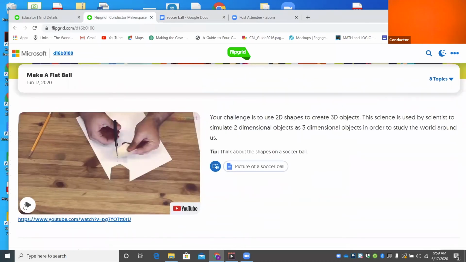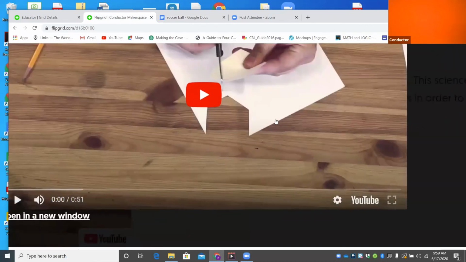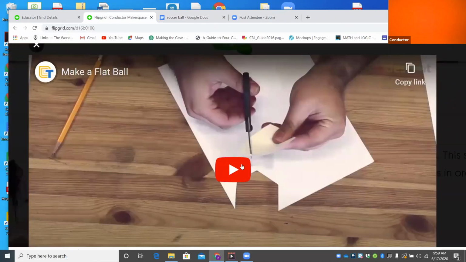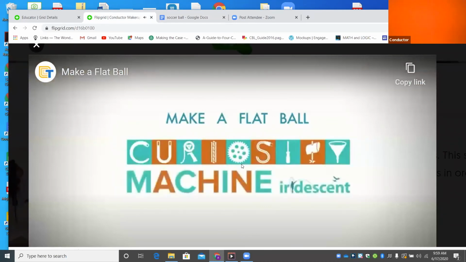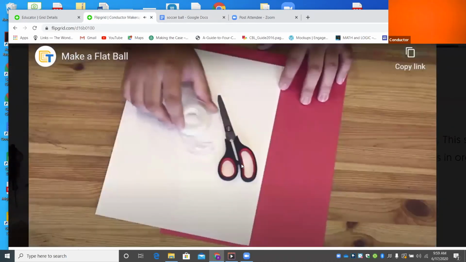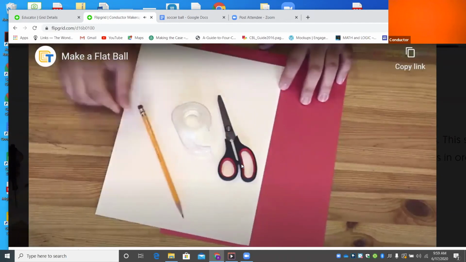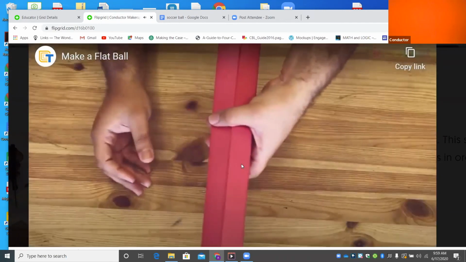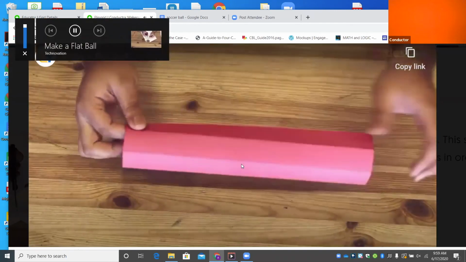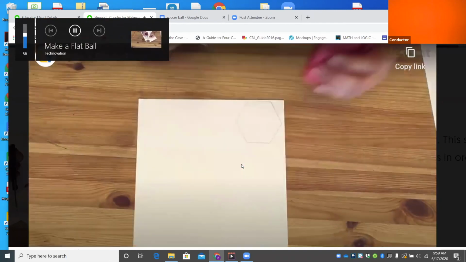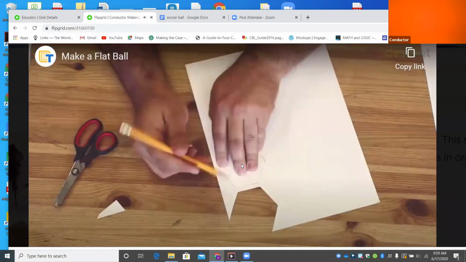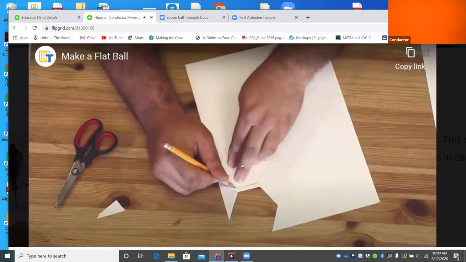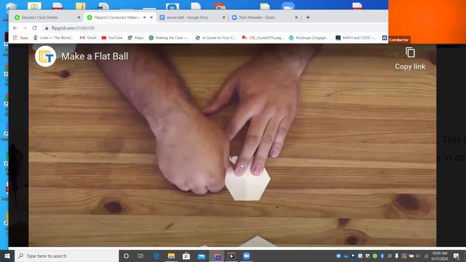Let's look at the demonstration here for you. So you're going to need very simple supplies that you probably have laying around your house. You're going to make a template as symmetrical as possible.